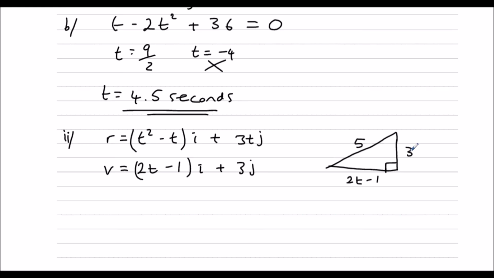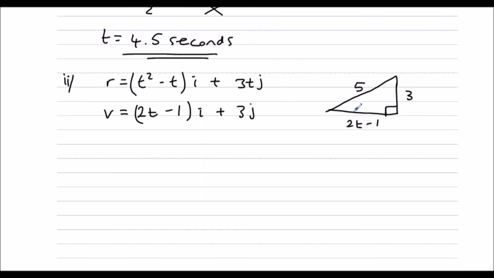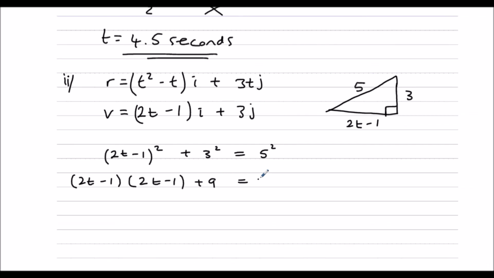So (2t - 1)² + 3² = 5². So let's expand the brackets and then make it equal to 0 and then solve the quadratic. So (2t - 1)² is (2t - 1)(2t - 1), and I'll change 3² to 9 and 5² to 25.